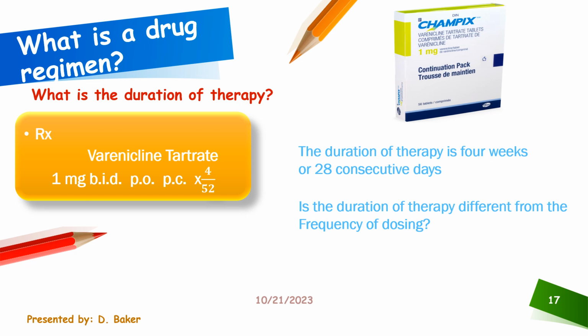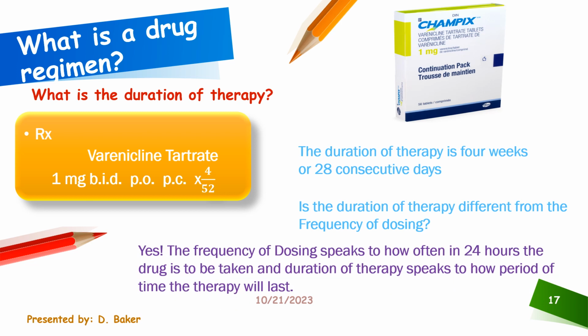What do you think? All right, so these are two different concepts. So the frequency speaks to how often the patient is going to be taking the drug within a 24-hour period, while the duration speaks to how long the patient is supposed to be taking the drug for.